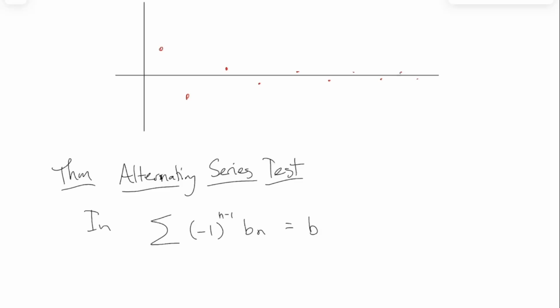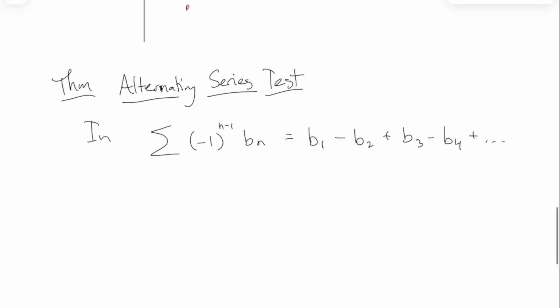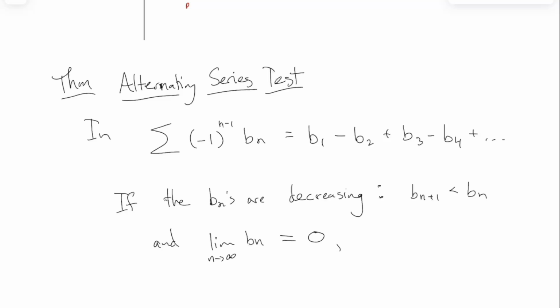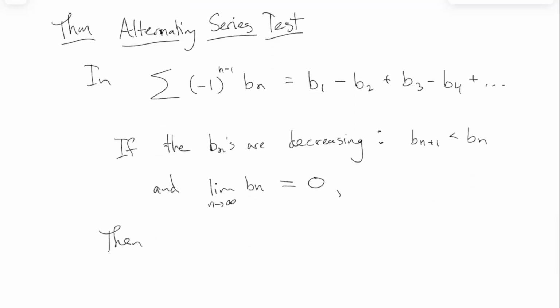That's just so that it starts with b1 being positive, minus b2 plus b3 minus b4, etc. In this series, if the b_n's are decreasing, that is to say b_(n+1) is always less than b_n, and the limit of the b_n equals 0, then the series converges.